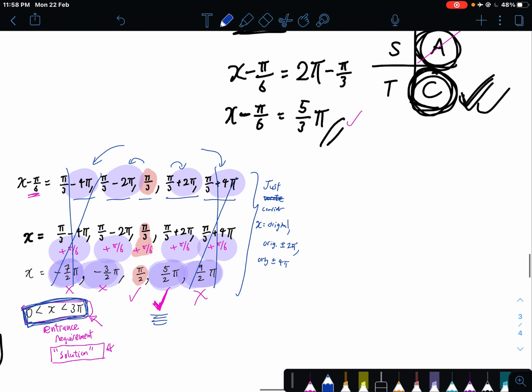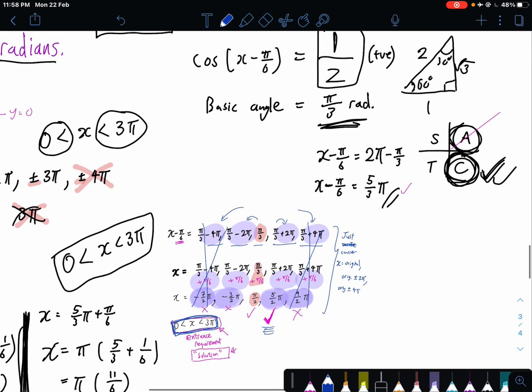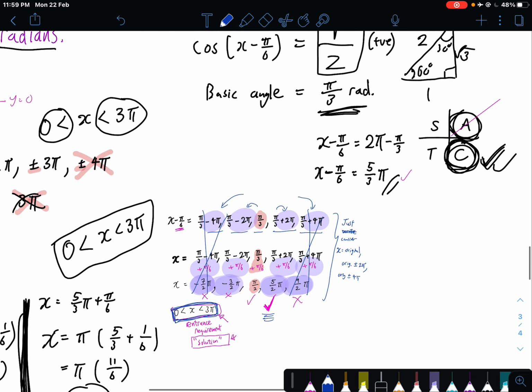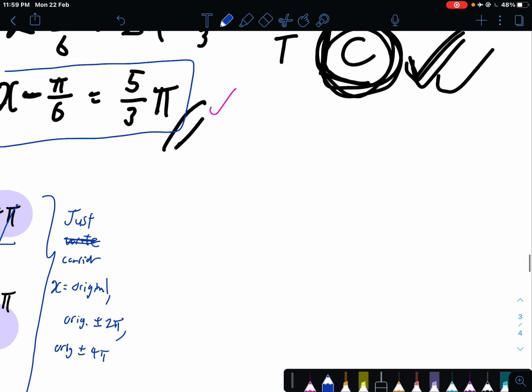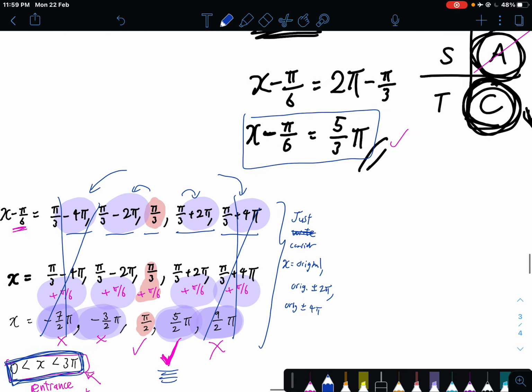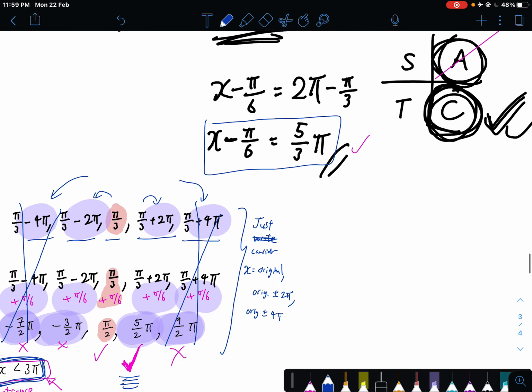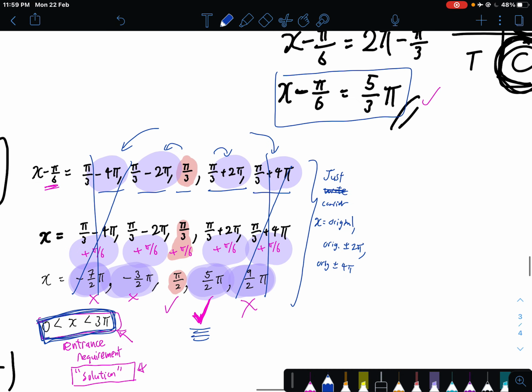How about the next one? Same thing with our other solution, x minus pi by 6 equals 5 third pi. We also go through the procedure of plus minus 2 pi, plus minus 4 pi.